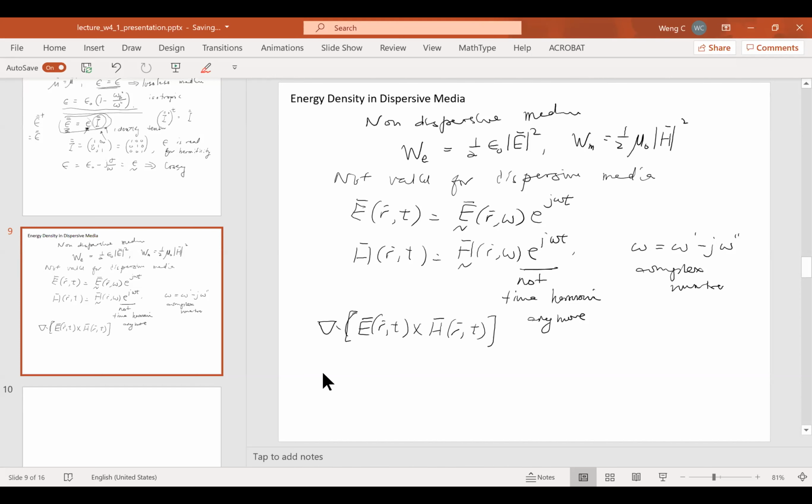And then again, using the identity that we had always done, these are complex fields. I'd like to put a complex conjugation on the second term, okay, because these are complex fields now. And then using the vector identity that we always had, let me just remove the space dependence and just emphasize on the time dependence. Okay, that doesn't mean that space dependence is no more there, but it's still there, but I just want to de-emphasize it.